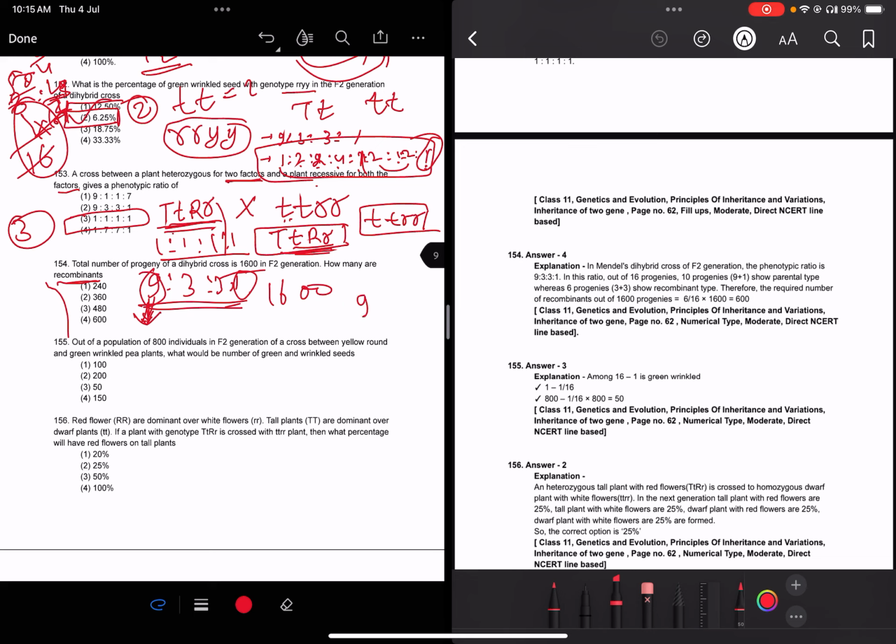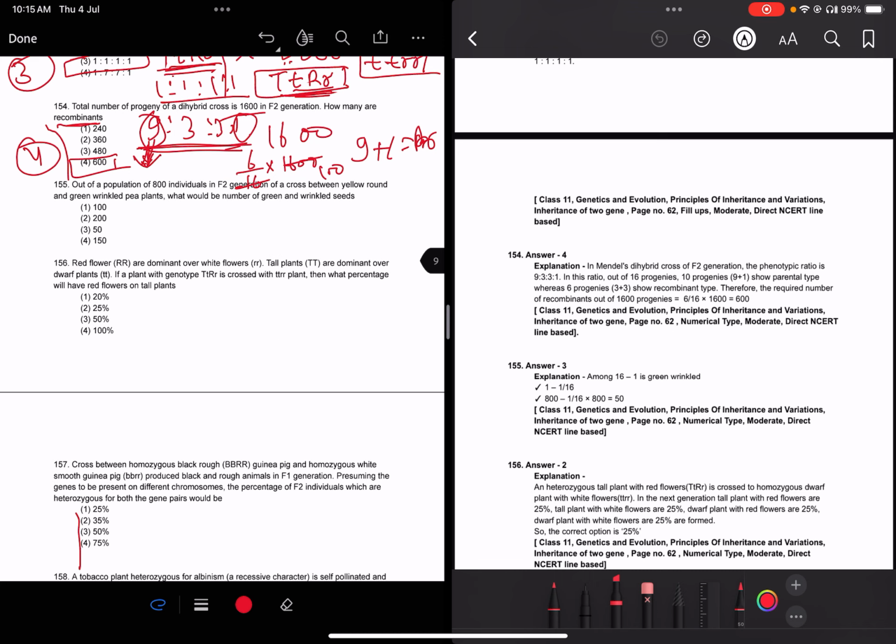So 9 plus 1 is the parental type. Out of 16, 10 is parental, and the remaining 6 out of 16 is recombinant. Recombinant is not directly from the mother or the father; it comes from recombination of both. So 6 out of 16 of 16,000 gives 6,000. So 6,000, which is option 4.